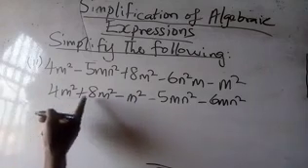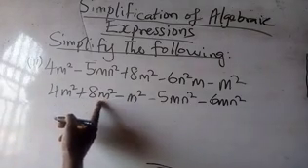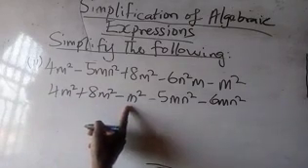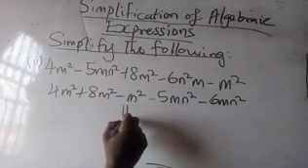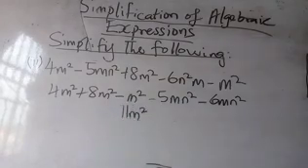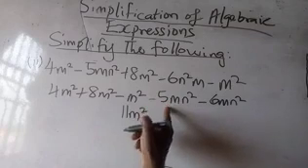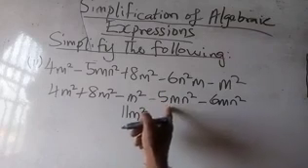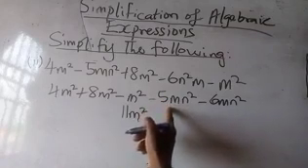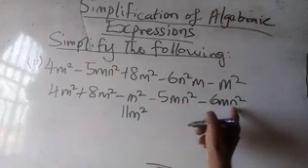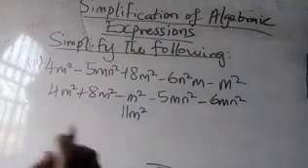4m squared plus 8m squared, that's 12m squared, minus m squared, that gives 11m squared. This is a debt like what we did the other time. Minus 5mn squared minus 6mn squared. Minus means debt.